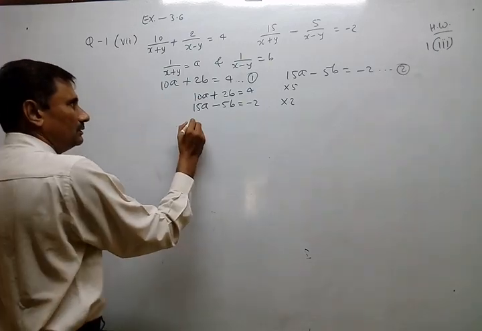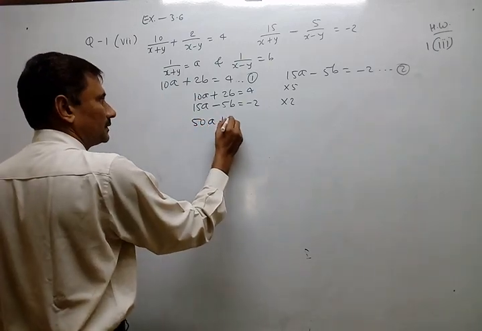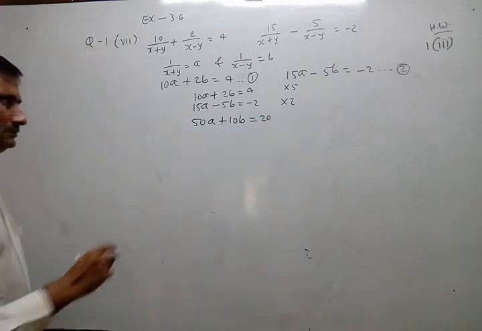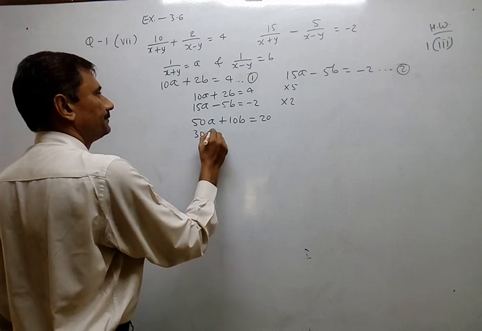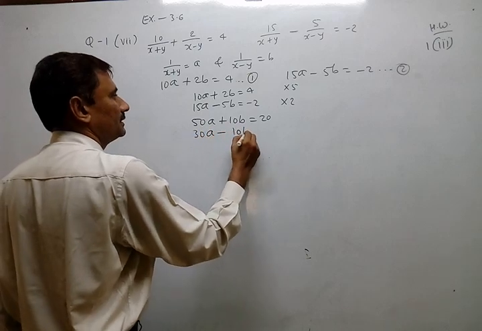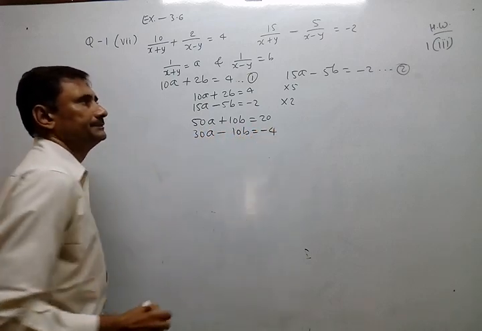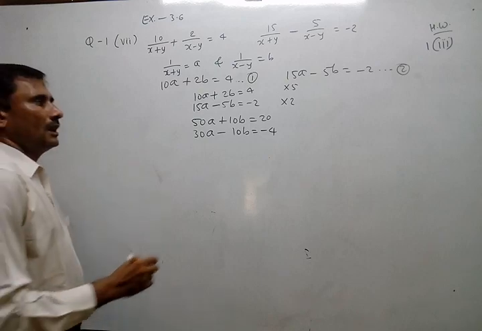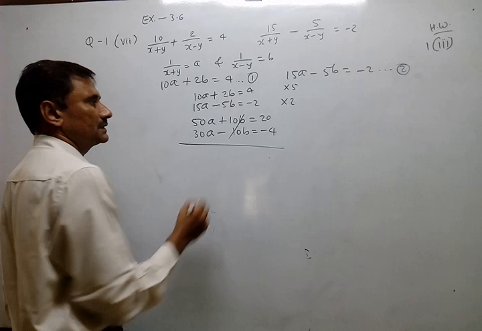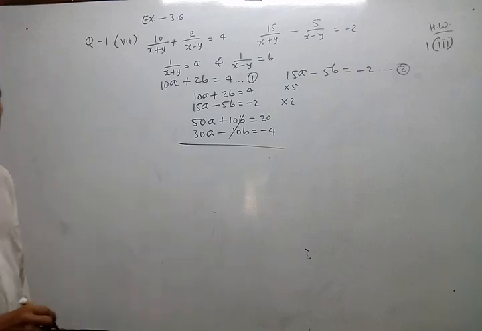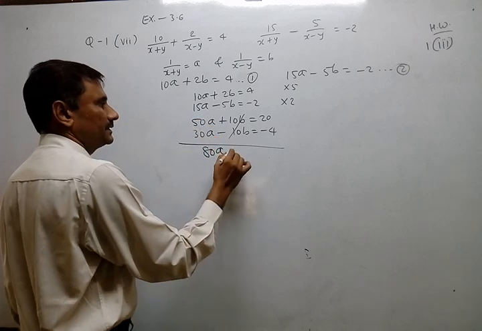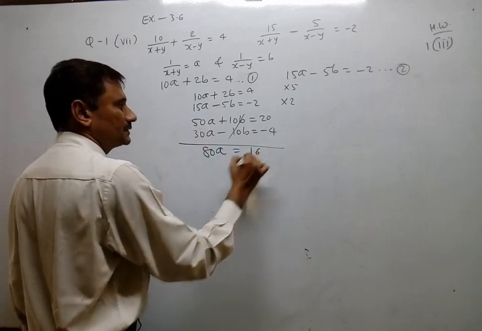Now 50a plus 10b equal to 20. 30a minus 10b equal to minus 4. Already cancelled, no need to subtract. It is 80a, 50 plus 30 is 80a, 20 minus 4 is 16.